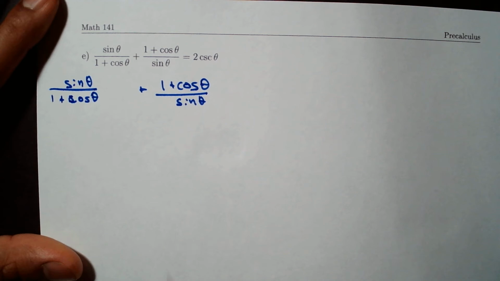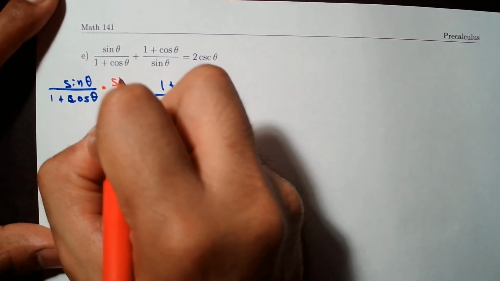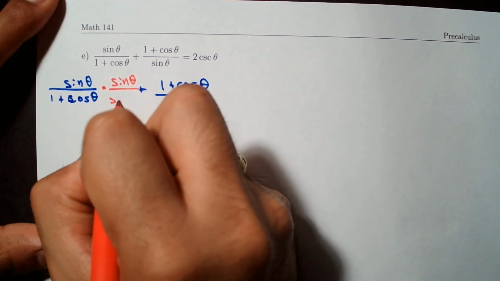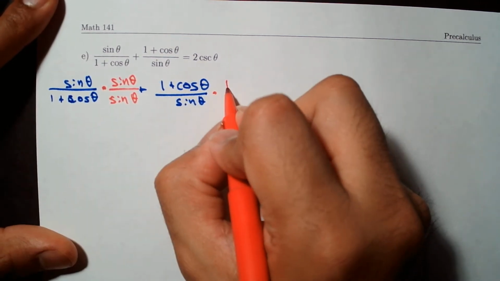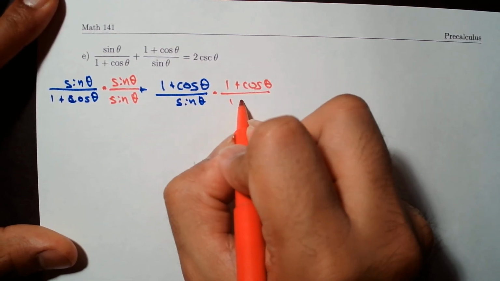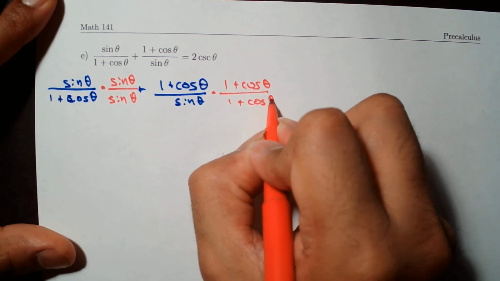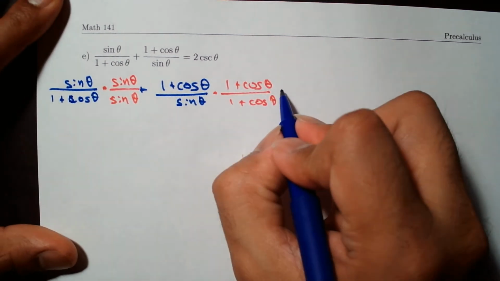And then what are we going to do? I'm going to multiply by the missing factor, so we have an LCD of sine theta. And for the second fraction, I'm going to multiply by 1 plus cosine theta over 1 plus cosine theta. Let me keep moving.